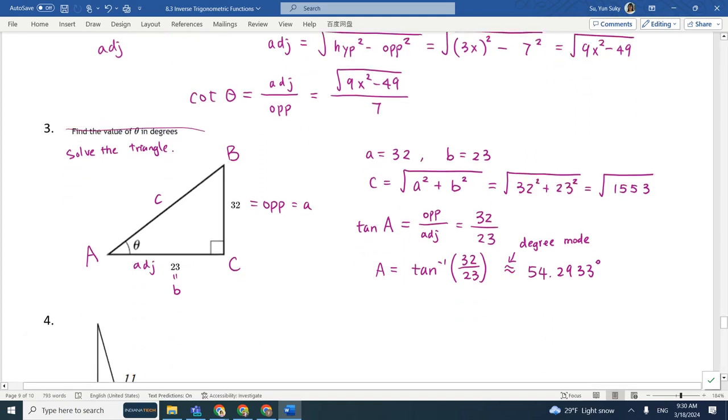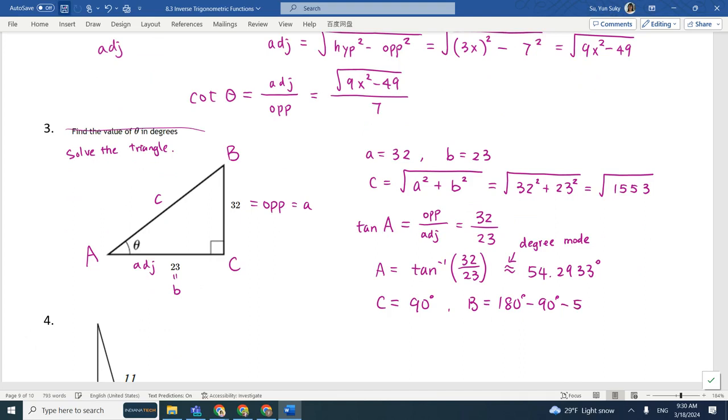And we know what angle C is. 90 degrees. Then what is angle B? Exactly. Very good. Plug that in your calculator. Thank you. Yes. So that is our answer.